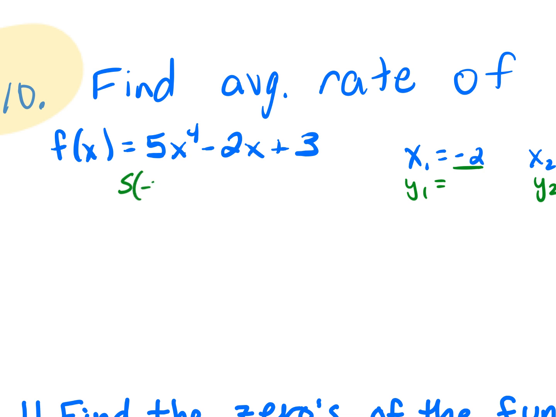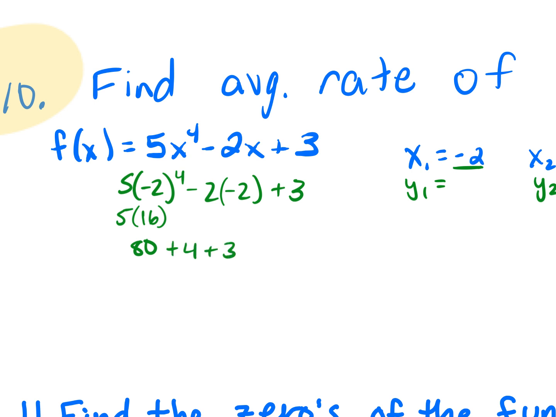So we have 5 times -2 to the 4th power minus 2 times -2 plus 3. -2 to the 4th power would be 16. And 5 times 16 would be 80. Plus 4 plus 3. So this would be 87. So our y1 is 87.